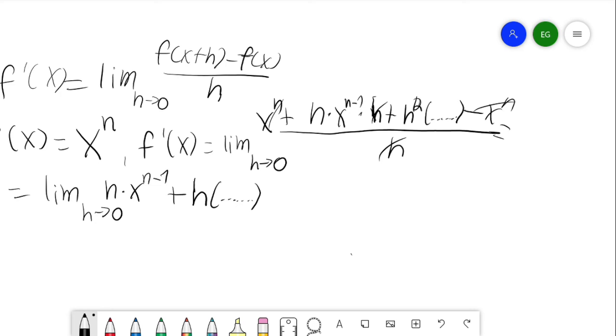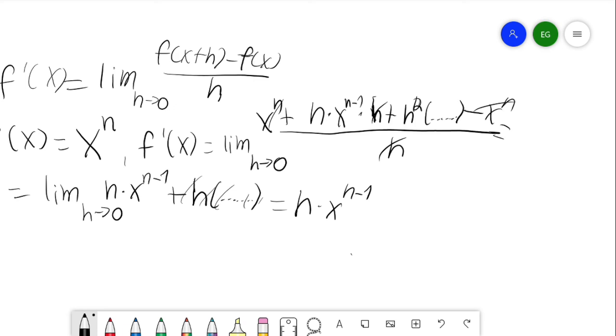Okay, putting in h equals 0, we'll have 0 times all of that stuff will cancel out, and we'll be left with just n times x to the n minus 1. That's not a problem, so we will just write down what we have after plugging in h equal to 0, which is n times x to the n minus 1. And that's how we derive the formula for the derivative of a power like this.